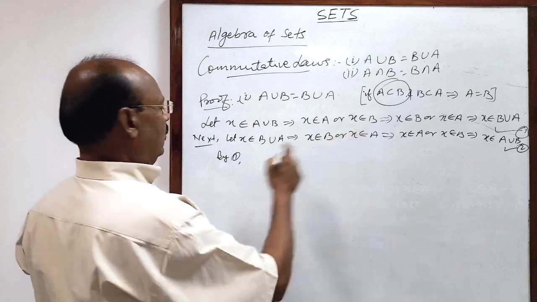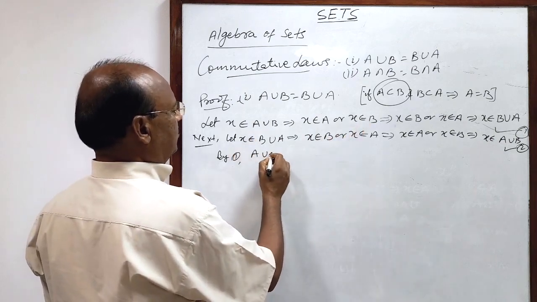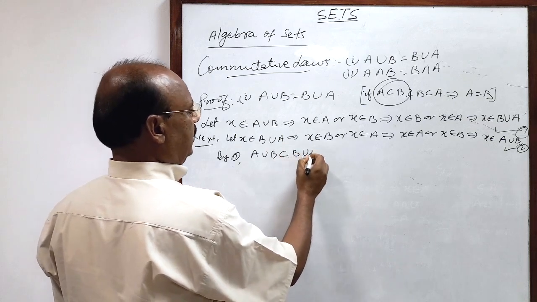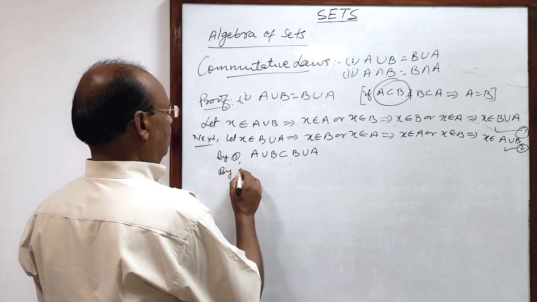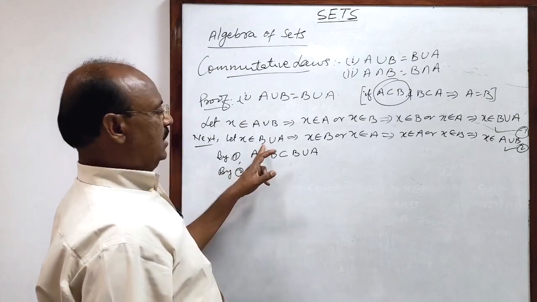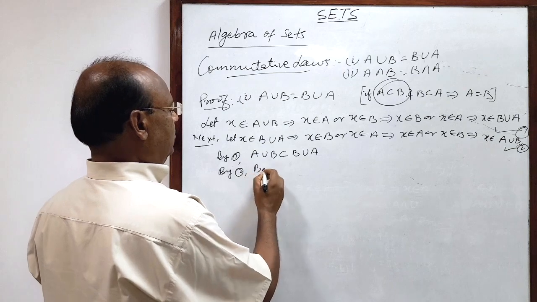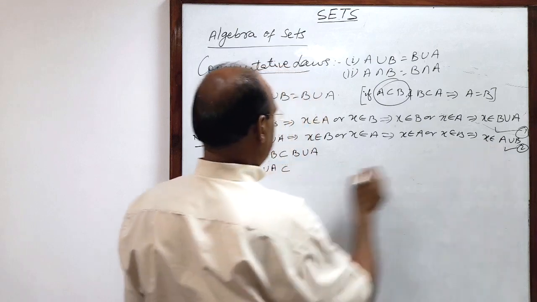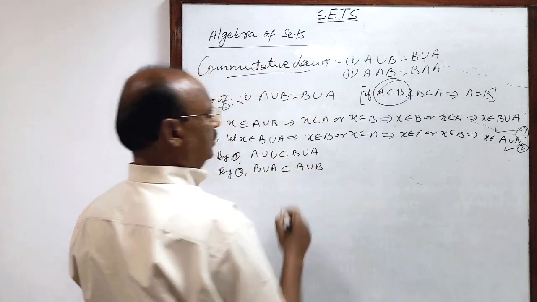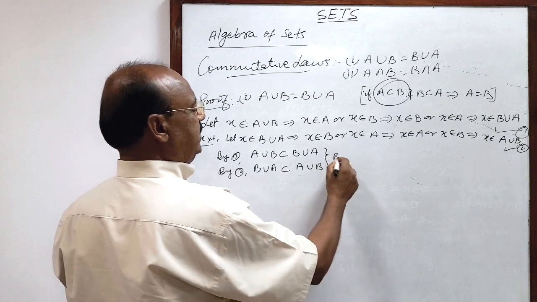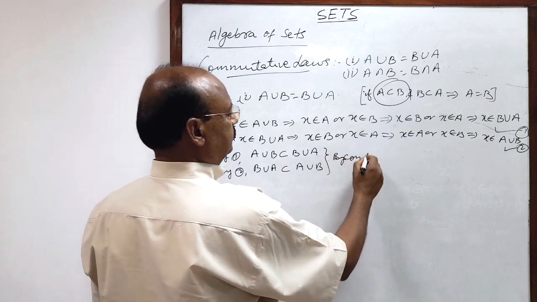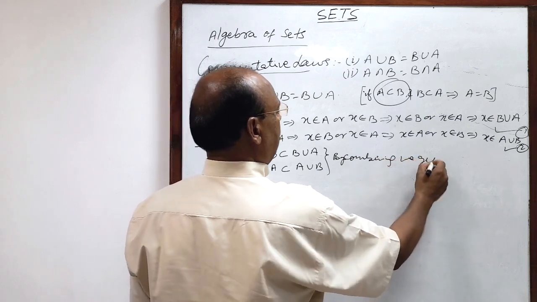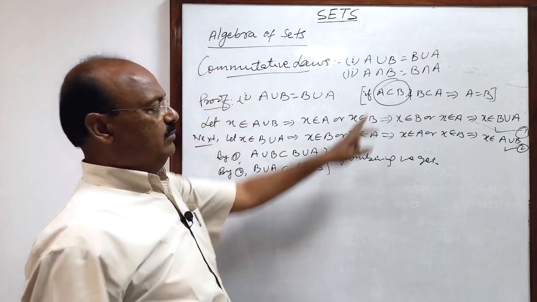So by relation number 1, we are getting A union B is a subset of B union A. And by relation number 2, we started from B union A, and B union A is a subset of, we are coming to this place, A union B. Now by combining these two results, what do we get? We have already mentioned it here.